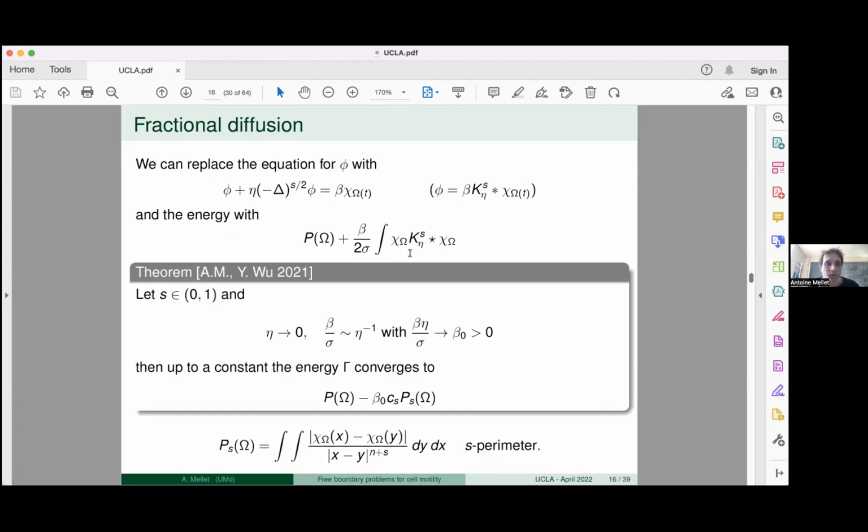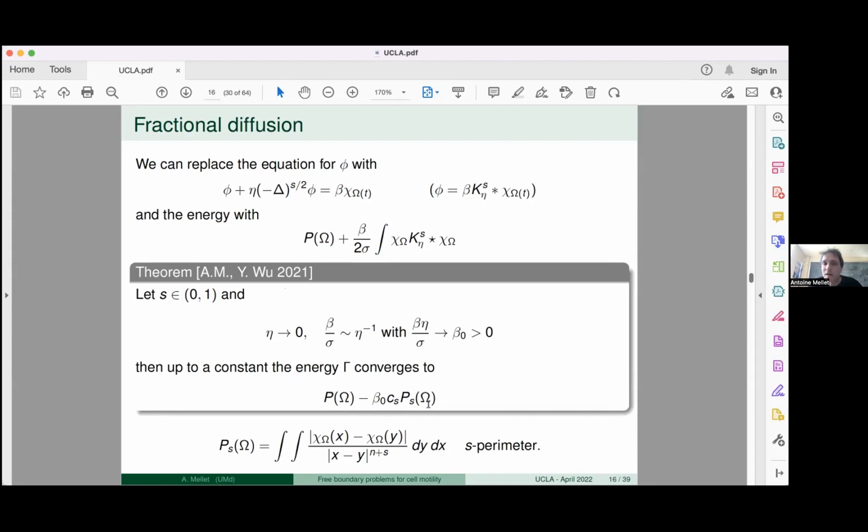And then what we prove is that in that case, you also have gamma convergence to perimeter minus a multiple of the s-perimeter, right? The so-called fractional perimeter of order s, right? So this is s between 0 and 1, which means the Laplacian here is between order 0 and the Laplacian of order 1/2, right?